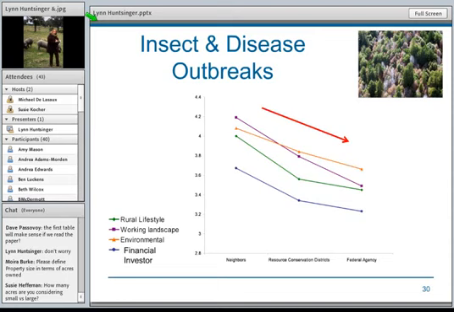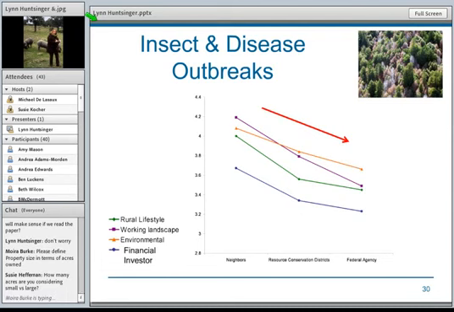Next slide. Again, we see that decline. Yeah, there's our arrow. Across neighbors, resource conservation districts, and a federal agency, looking at insect and disease outbreaks. I lost my little green arrow. That's it. Okay. There we are.